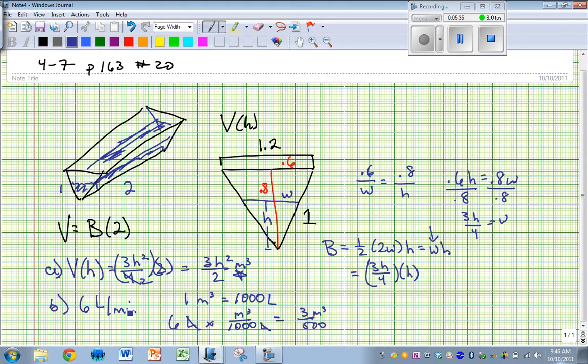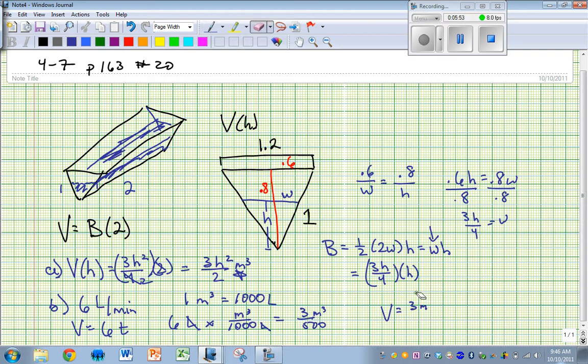Like every other time, my volume is 6 liters per minute times the amount of time. I multiply that in, so my volume equation is going to be 3 meters.